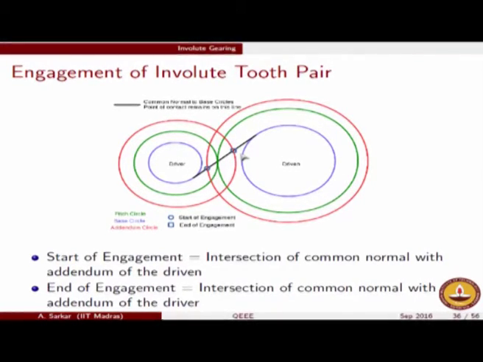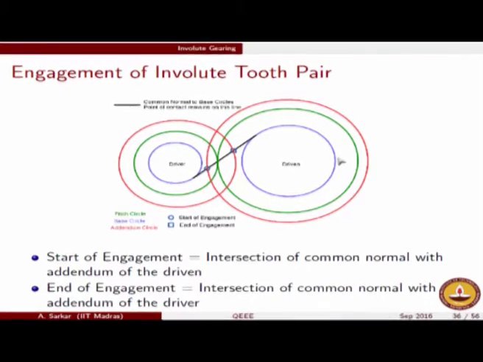So as is inferred, the point of contact definitely has to lie on this common normal. The end of engagement happens when the addendum last intersects this common normal. The start of engagement happens when the addendum from the driven gear side gets into this point. So the point of contact will move from this blue dot to this blue box, and it will move on this black line.